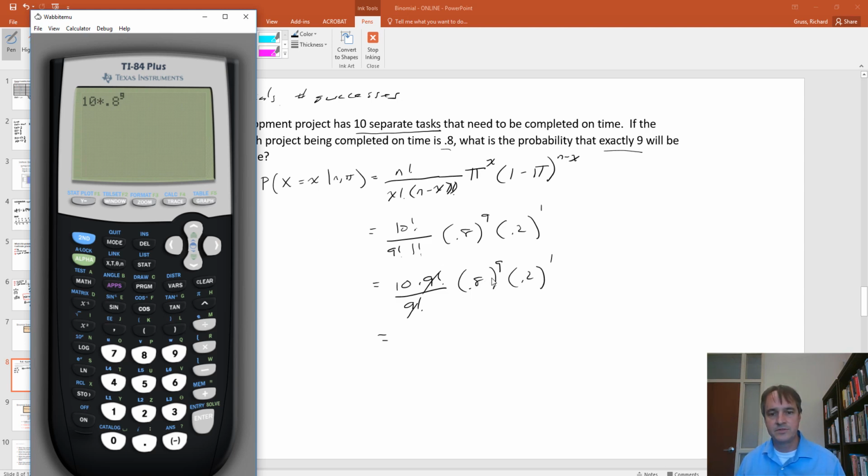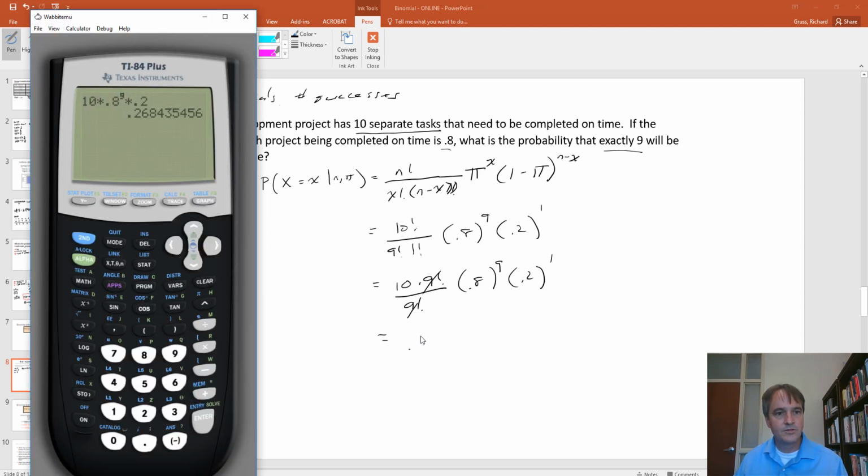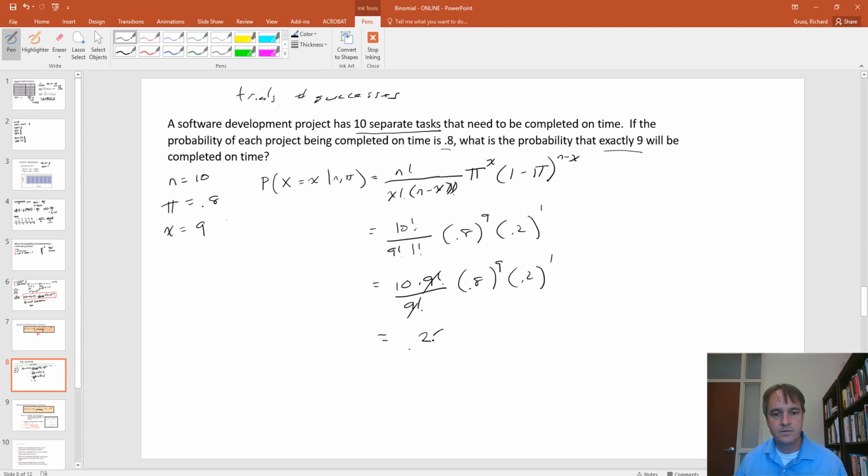The first thing it will do is this 0.8 to the 9th, and then it will multiply left to right. So 10 times 0.8 to the 9th times 0.2 to the 1st is just 0.2. So we'll put this in. Okay, so that's going to be 0.268. Okay, and so let's remember what this is telling us.